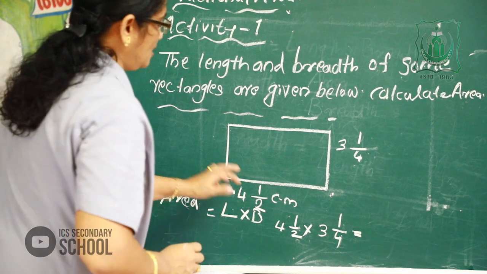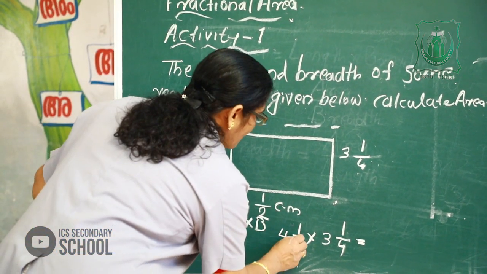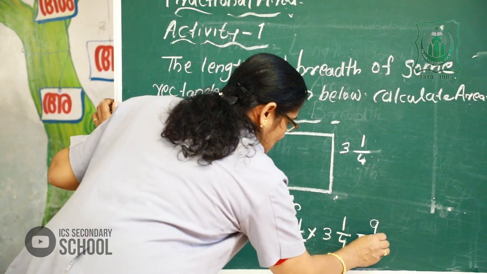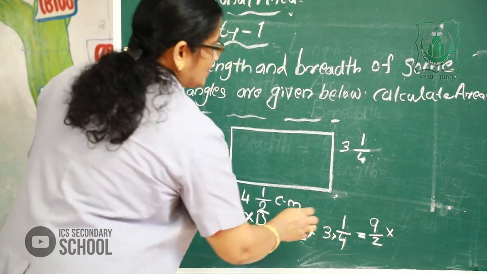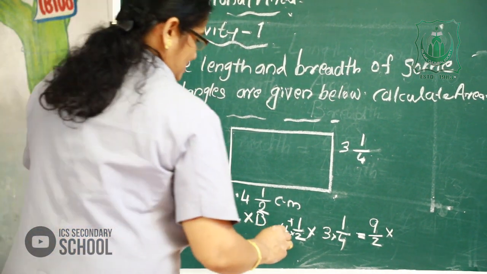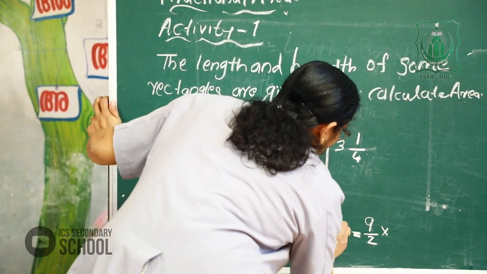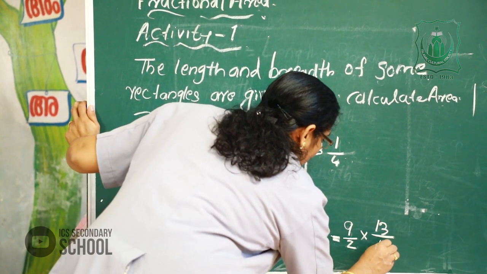Convert 2 into 4 is 8, plus 1, 9/2 into 4 into 3 is 12, plus 1, 13/4.